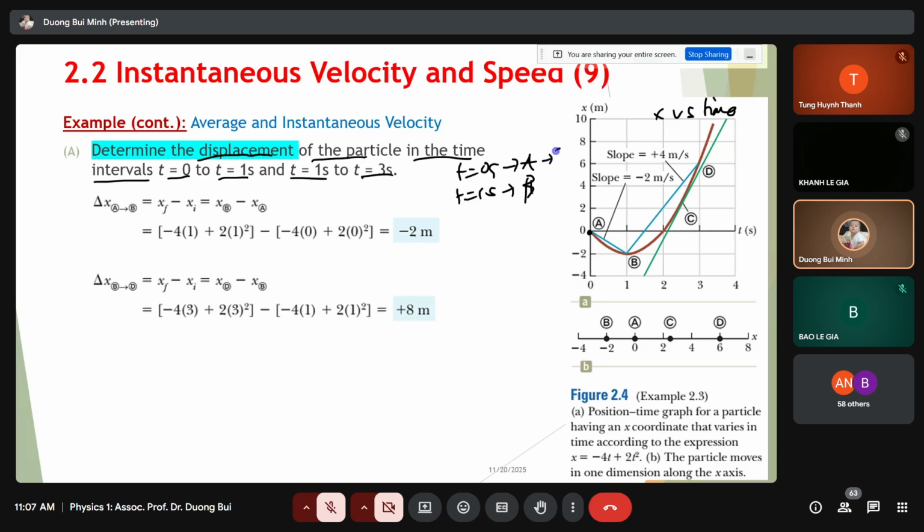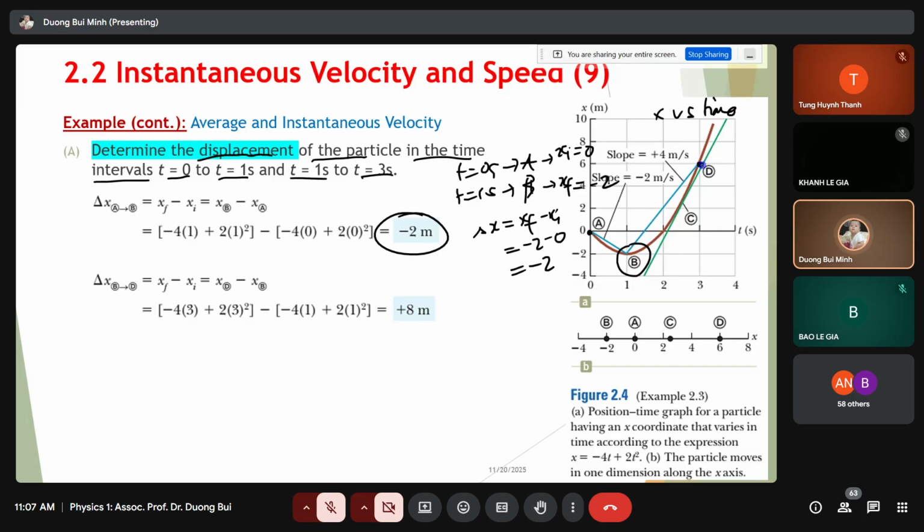Point A means xi is 0, and here xf is minus 2. So delta x is xf minus xi, minus 2 minus 0, you get minus 2 here. Similarly, t is 1 second is point C, and t is 3 seconds, you get point D.